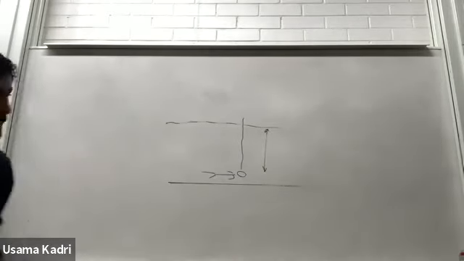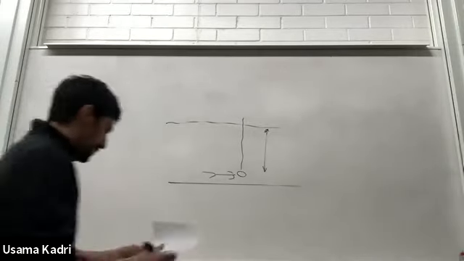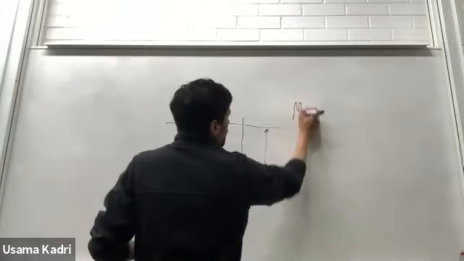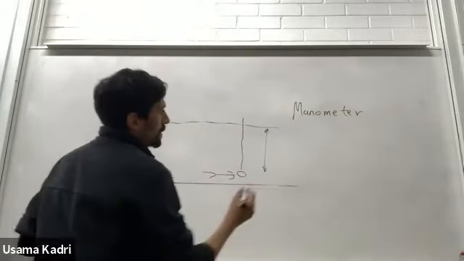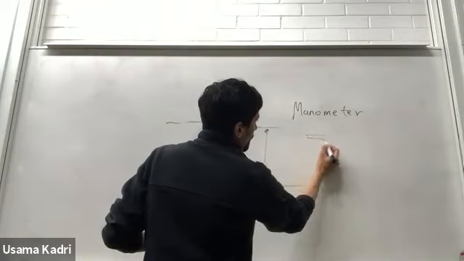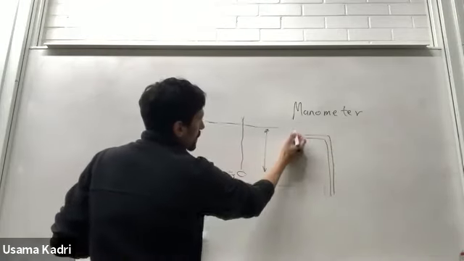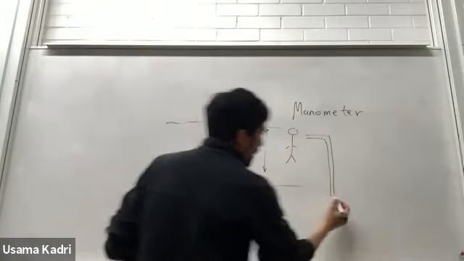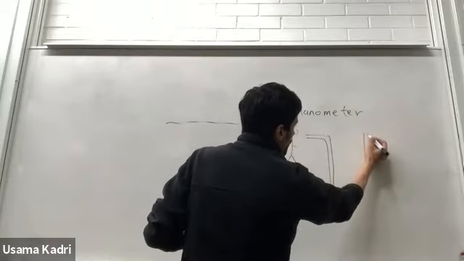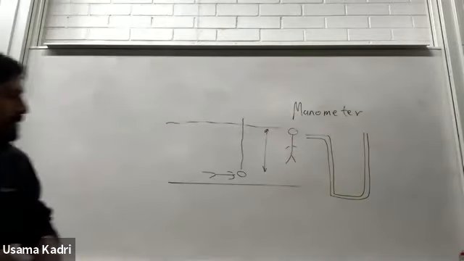To do that, we can create something like this, which is called a manometer. On one part, it's just a pipe. I can blow air here on this part. Looks like that.